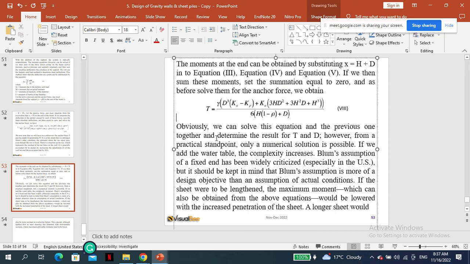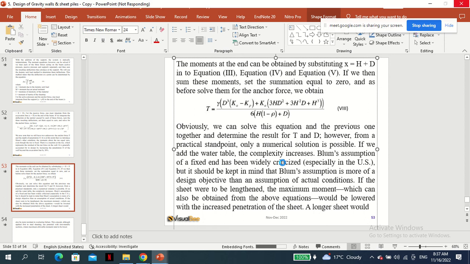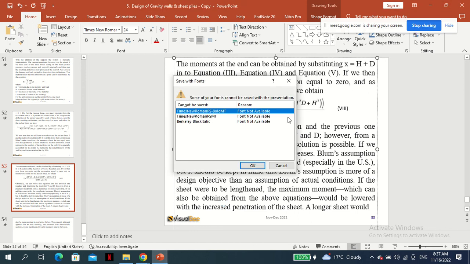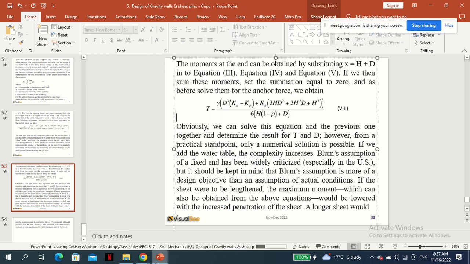So we have equation 8 and equation 7. Those equations are in terms of D and T, two unknowns and two equations from which we can solve.